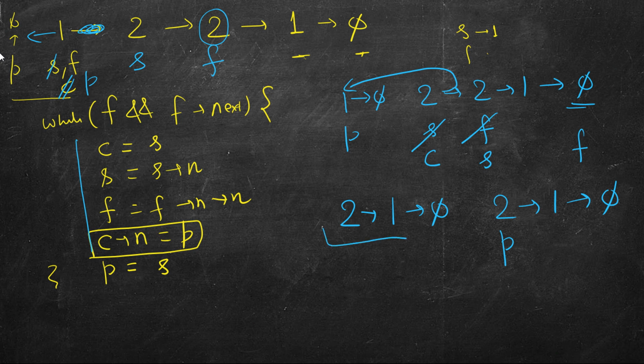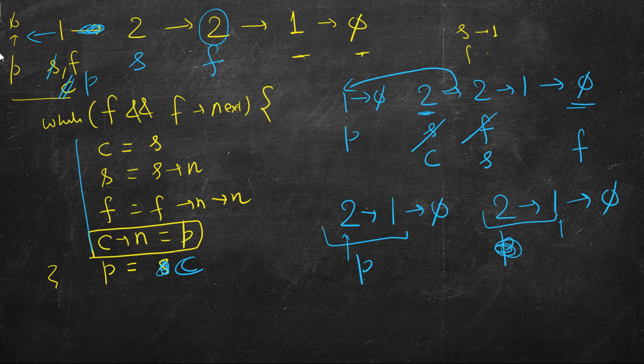So now we have 2 linked lists and we have to compare starting from the first for both. Sorry, P will point to the first 2. This current was pointing to the first 2, or it should be C rather.